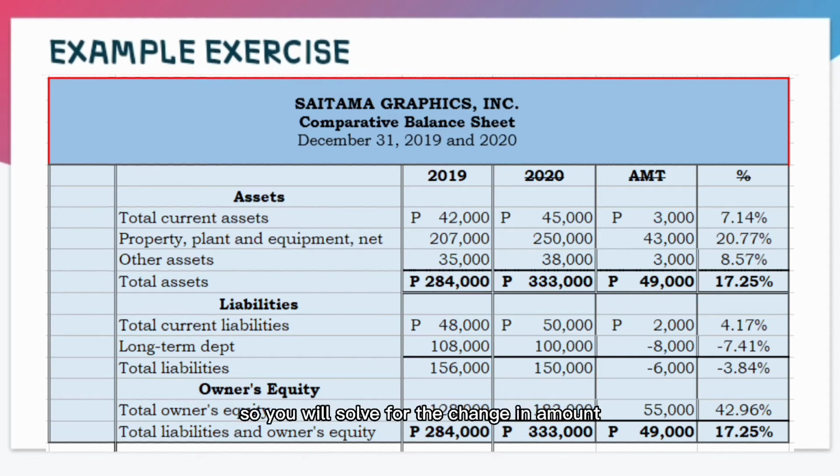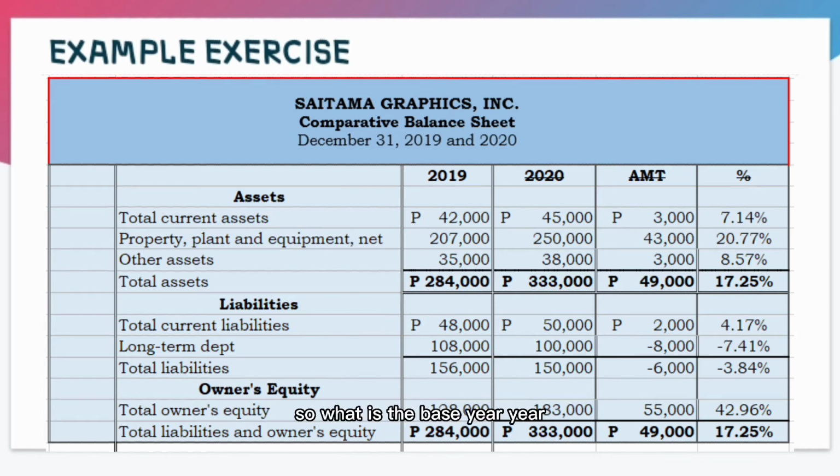You will solve for the change in amount by subtracting the amount in 2019 from the amount in 2020. So 45,000 pesos minus 42,000 pesos will result in a 3,000 pesos change from year 2019 to year 2020. To calculate the percentage change, you simply divide the change in amount, which is 3,000 pesos, by the base year.